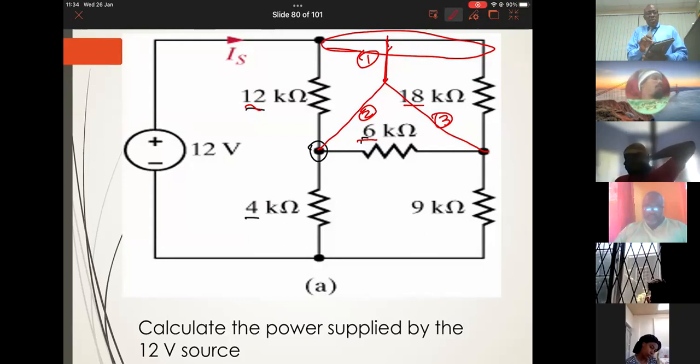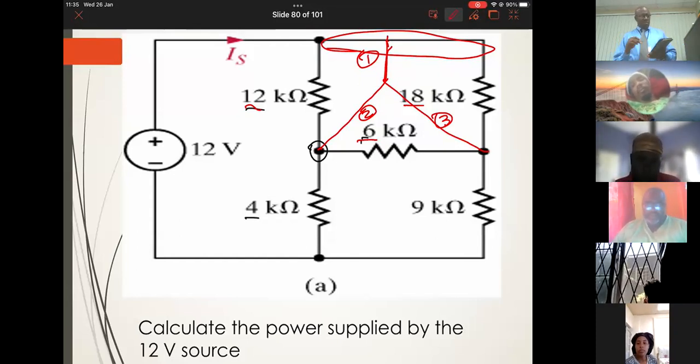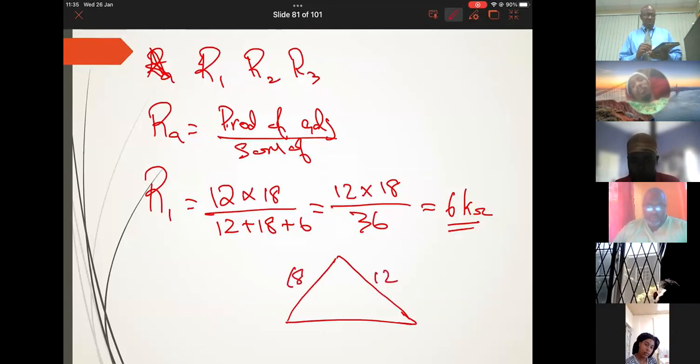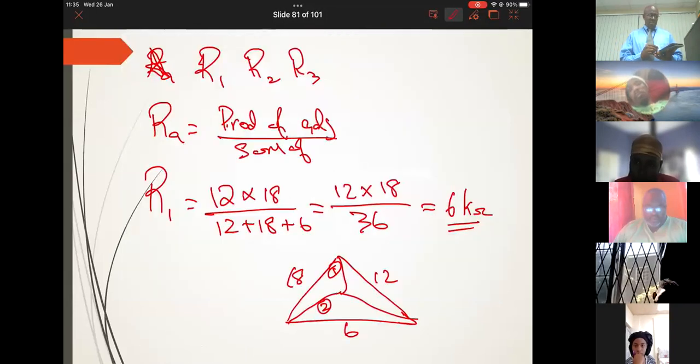So squashing it together, the delta. Yes. If I squash that line into a point, you would see a triangle, eh? Yeah, I realize the delta, what I'm not seeing is the star. That's 18, that's 12, that's 6. One, where did I put 2? 2, 3.